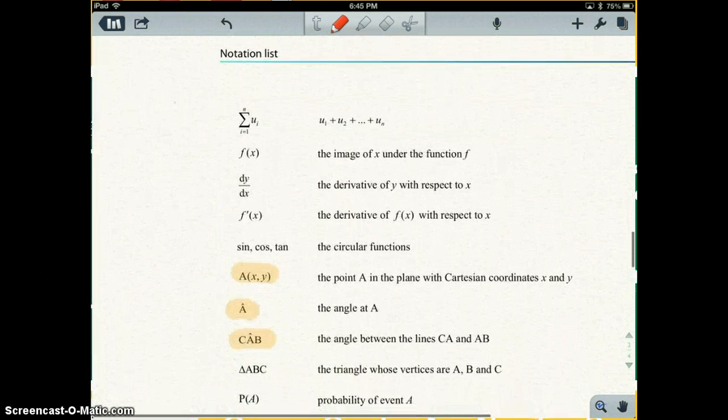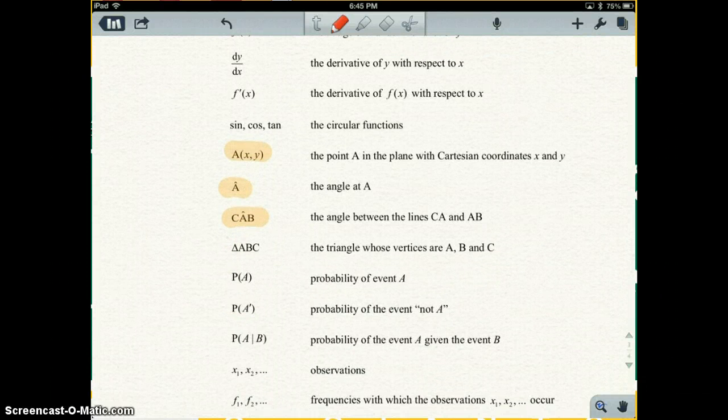And last of all, we're going to talk about points on a graph. When you have a point on a graph and you label it A, and it has coordinates x and y, we can express that as A, which is the name of the point, and then (x, y) would be the coordinates.